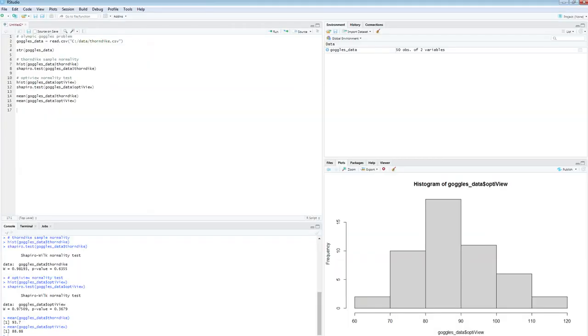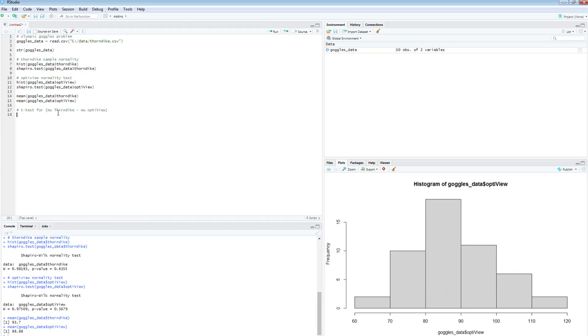Okay, so let's go back. T-test, right? Where's my punchline? Here. T-test for the difference mu for Thorndike minus mu for OptiView.